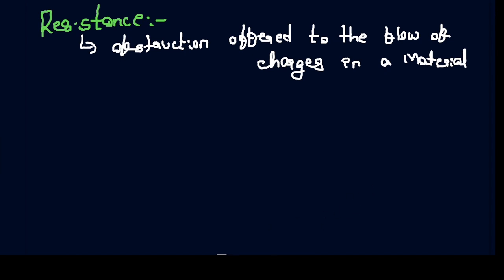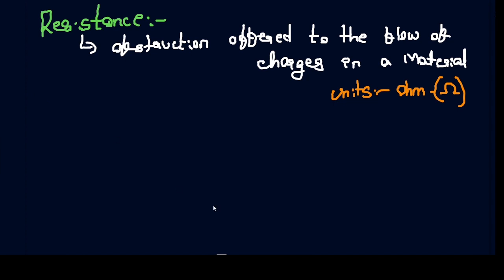Before that, let's just know the units. The unit of resistance is ohm, denoted by the letter symbol R. Since it is the proportionality constant of Ohm's law, it has the unit ohm.